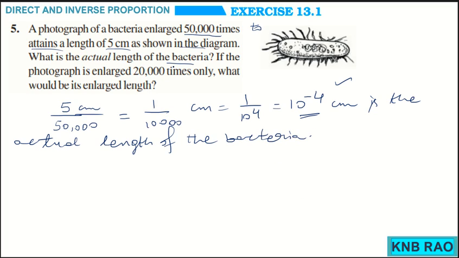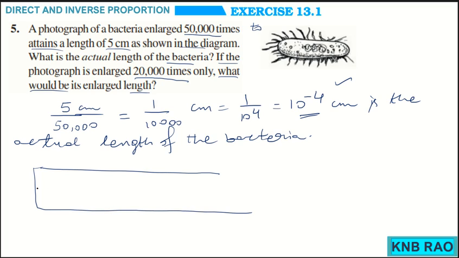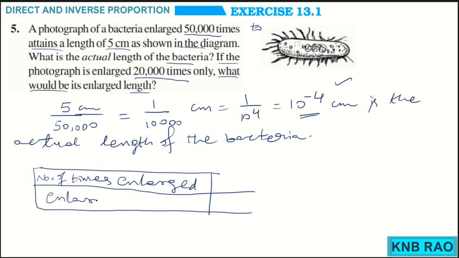Now, if the photograph is enlarged 20,000 times, what will be the enlarged length? For this we will go with a table. The number of times enlarged becomes one variable and the enlarged length becomes another variable.